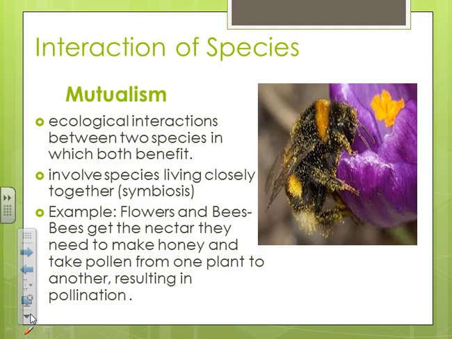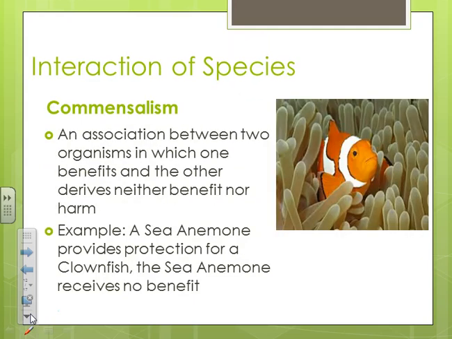The bees are getting what they need to make honey, the flowers are getting pollinated, and the flowers are then able to reproduce, right? So that is an example of mutualism. Does anyone have any questions about mutualism? We're going to do a symbiosis activity probably tomorrow.